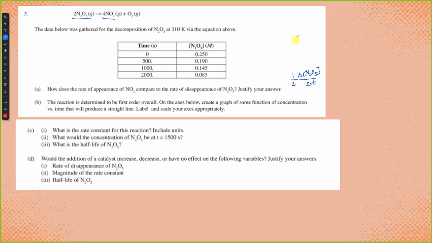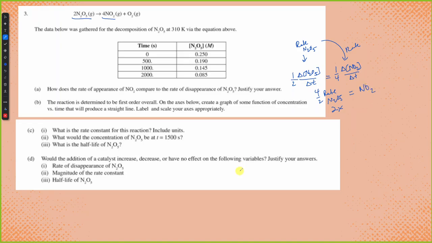So that part is like the rate for the N2O5, and how it compares to the other one, which would be 1/4 times the change in the concentration of NO2 over the change in time. So that would be the rate for the NO2. So basically, 4/2 times the rate of N2O5, so this is 2 times the rate of the NO2 concentration.